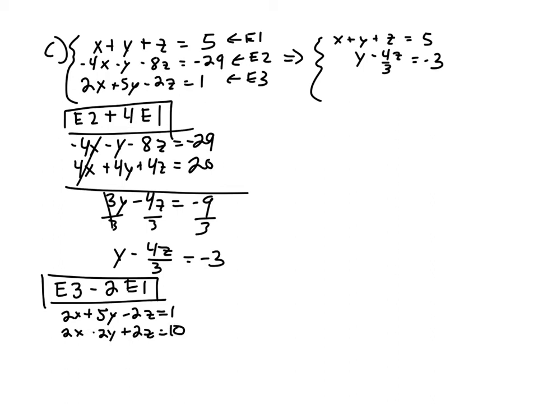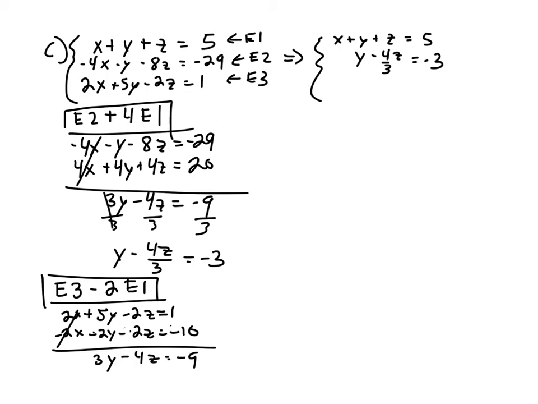I should have been multiplying it by negative 2, right? So negative 2x minus 2y minus 2z and minus 10. Okay, now these cancel, and I have 5 minus 2y, which is 3y, and minus 2z is minus 4z, and negative 9.